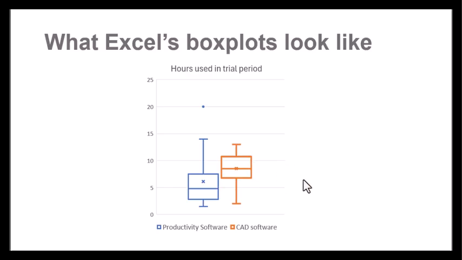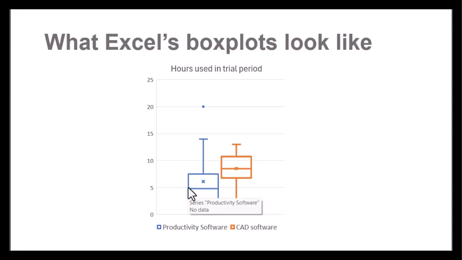Those are still at the same values, but Excel also adds a feature that typically will show up inside the box. So on the left-hand box plot here, we see at the bottom the tail starts at about 2-ish, and then it goes up to where the box starts at about 3.